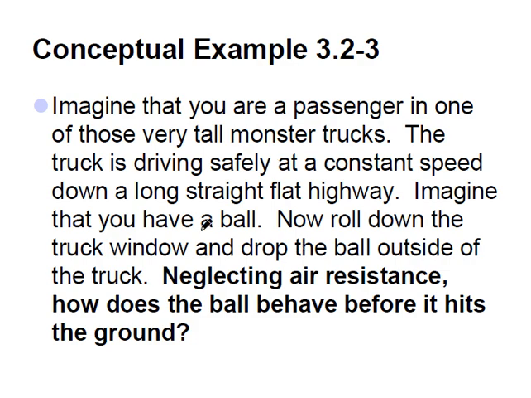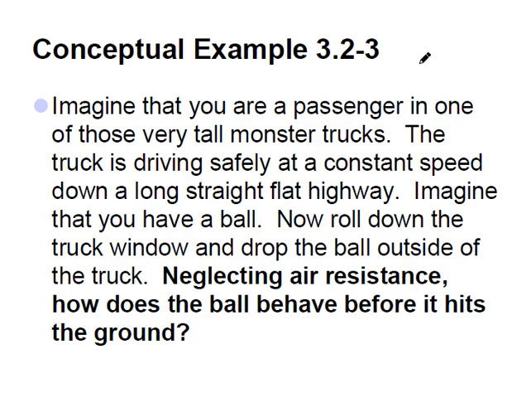Alright, the next problem is looking at, you're going to imagine that you are a passenger in one of those very tall monster trucks. So that truck is driving safely at a constant speed down a long straight flat highway. So these are the things. Again, draw the diagram. So imagine that you have a ball in that situation, and then you're going to roll it down the truck window and drop the ball outside of the truck.